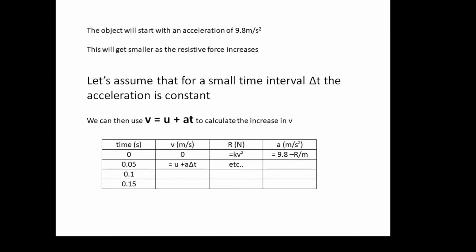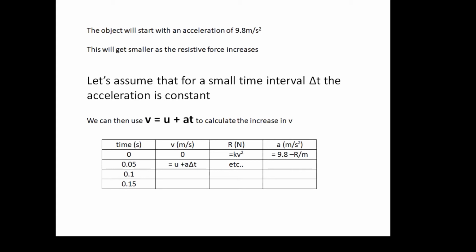Now, we know that the initial acceleration is 9.8 meters per second squared. We know that this is going to get smaller. If we assume the acceleration is constant for a small time interval, then we can use v equals u plus at. And what we do is we do it in steps, and each step is delta t. For example, in this table, I'm going to use delta t is 0.05 seconds.